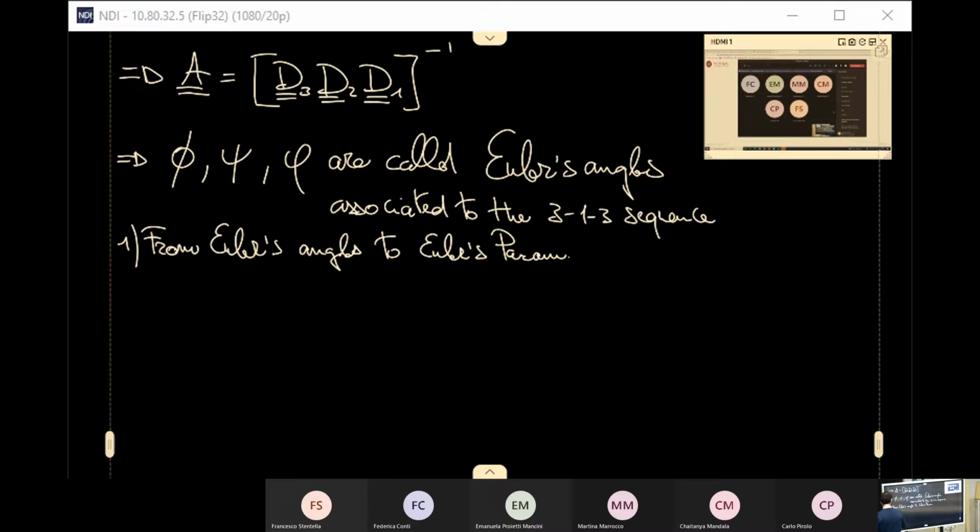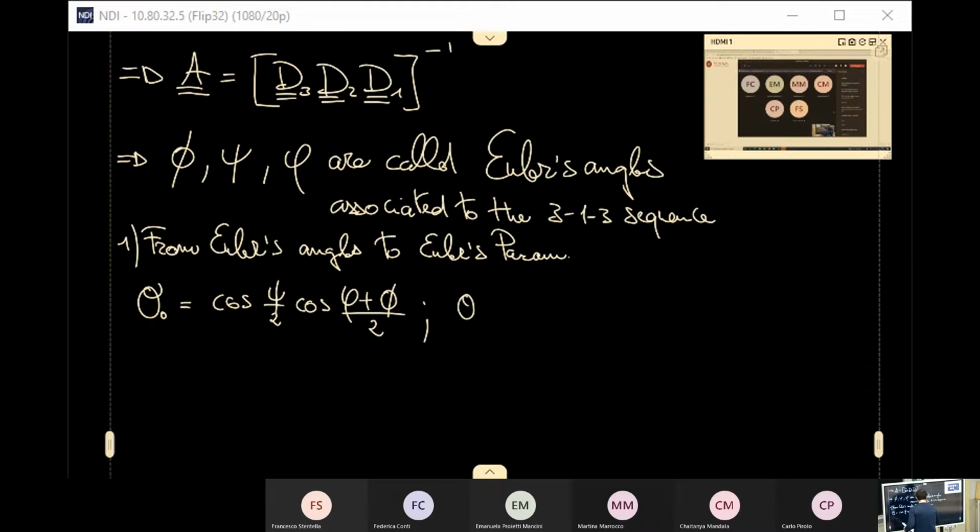Well, our theta 0 can be written, this can be demonstrated, as the cosine of c divided by 2 times the cosine of phi plus theta divided by 2, and this is 1.